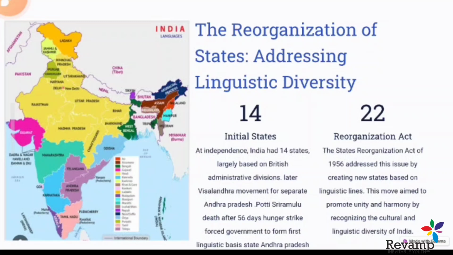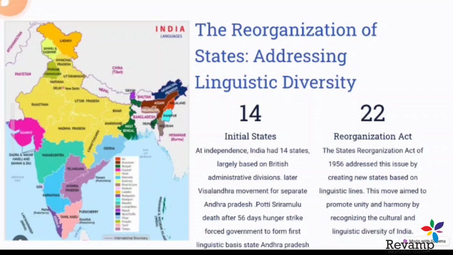A lot of commissions were formed later to formulate India's boundaries, and it was not an easy task at the time, because no one wanted to compromise on their cultural identity. Everyone wanted their own state. So for the leaders of India, the big question was how to conserve India's unity while giving space to religious and regional identity.